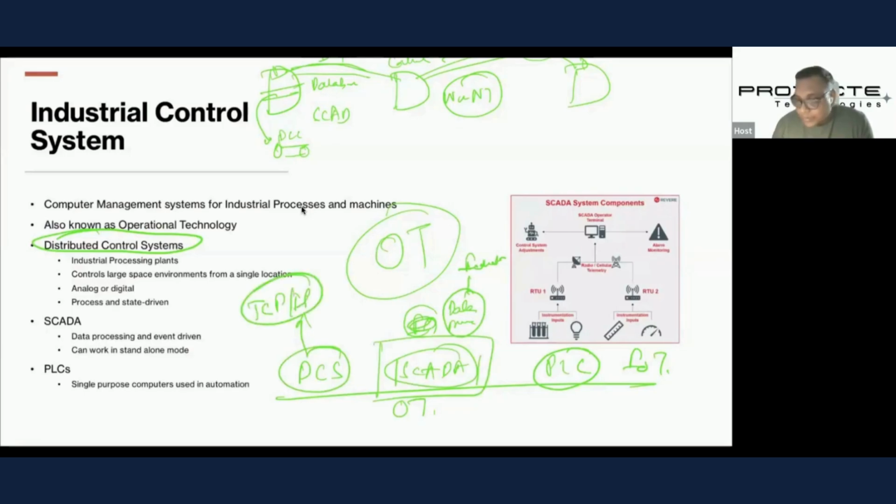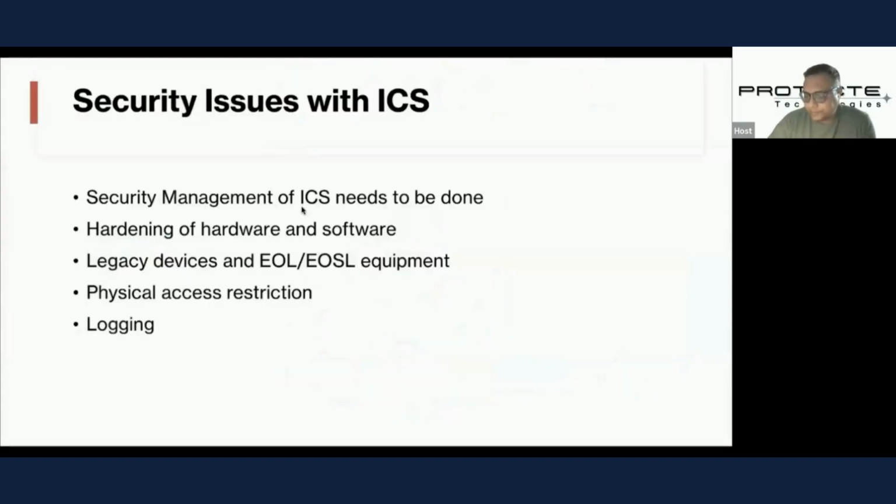That means your DCS now inherits the vulnerabilities of the TCP/IP network. Your SCADA systems get wrapped in TCP/IP headers, so they are also vulnerable, and PLCs are replaced by IoT devices, which are very small devices and have very, very limited firmware and can become vulnerable to a lot of attacks. So just be aware of industrial control systems.